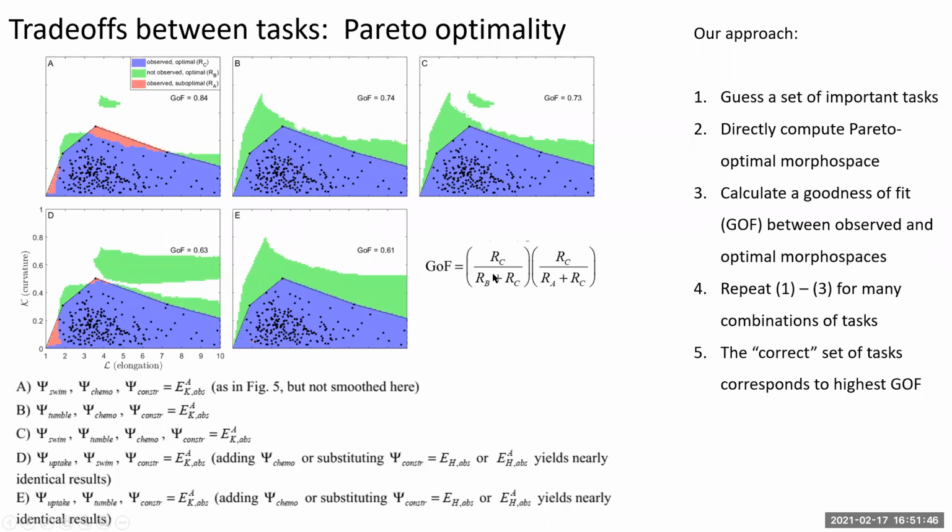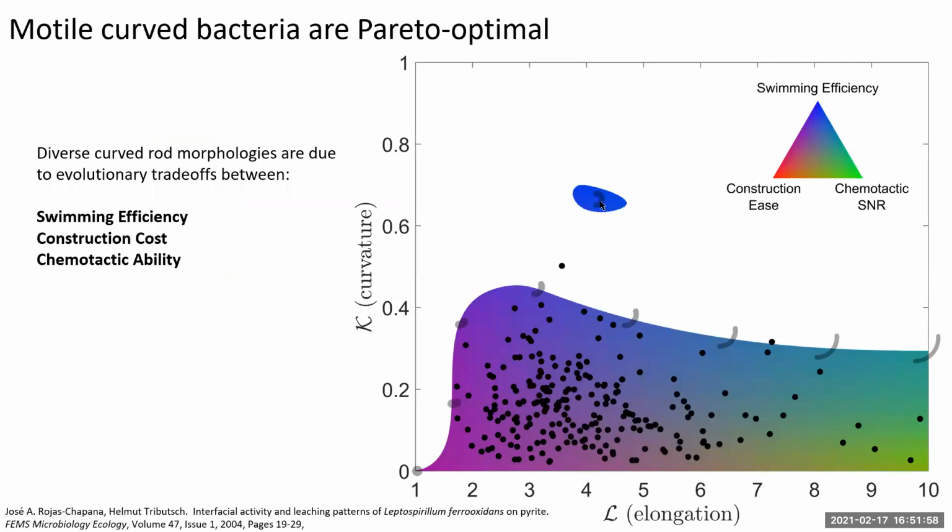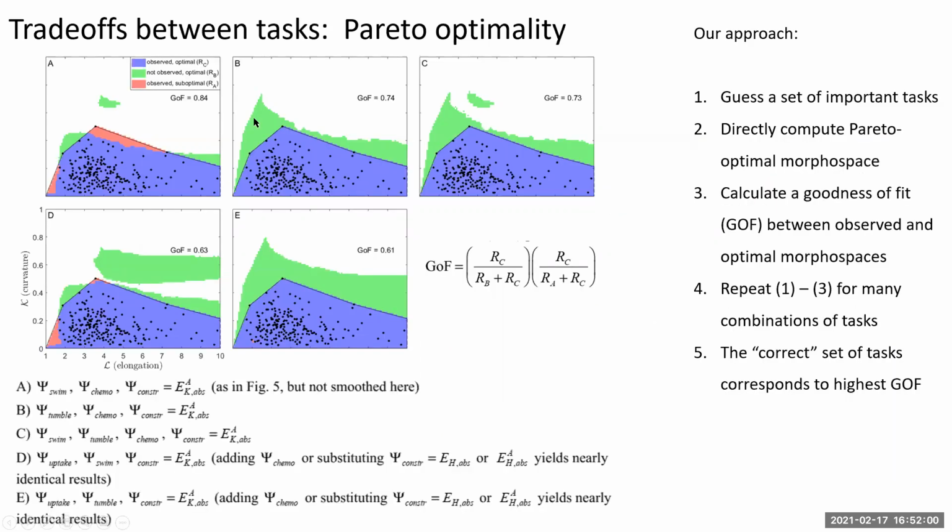So we had this goodness of fit parameter, just how well they overlap: the optimal region theoretically and the actual region bounded by the data. We compared all these. The upper left happens to be the best. These are the 5 best fits of something like 38 possible task sets that we looked at. The best one is this upper left. Goodness of fit is 0.84. The next best was over here, 0.74.